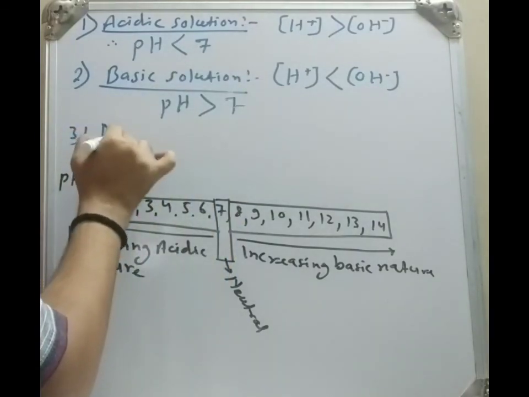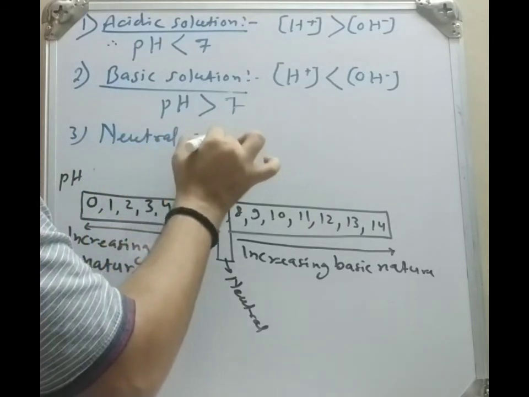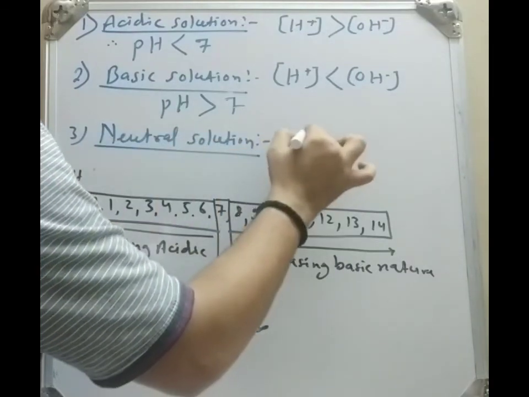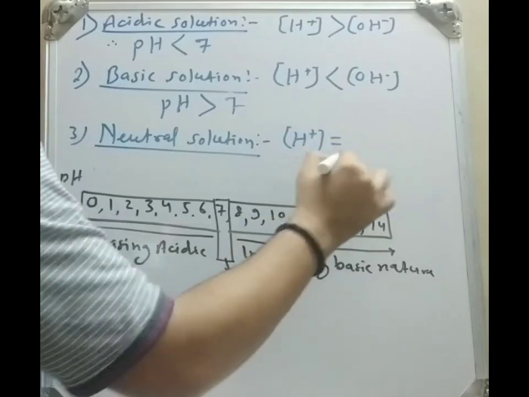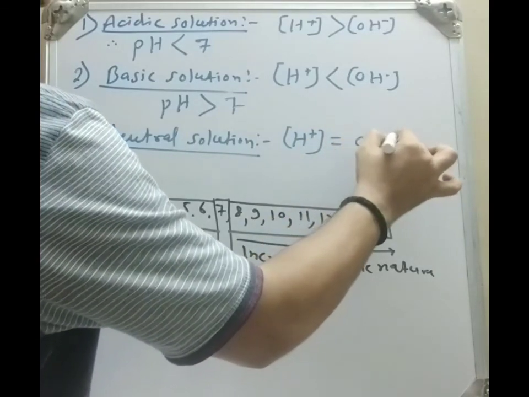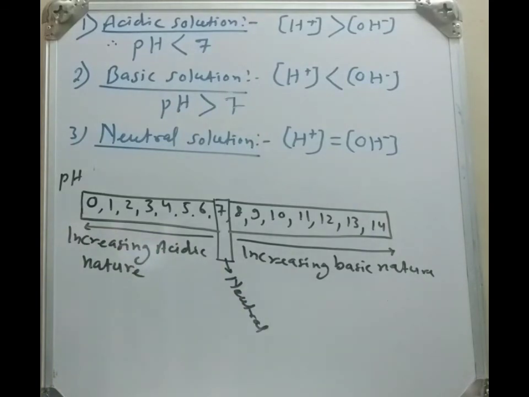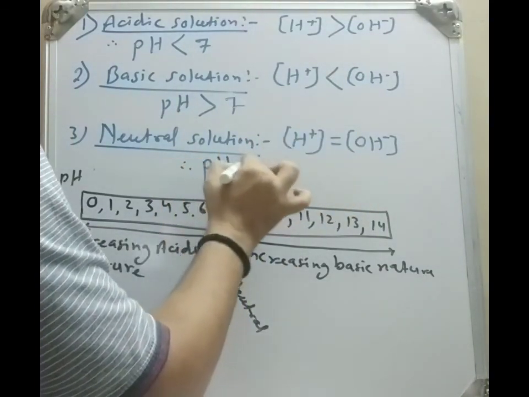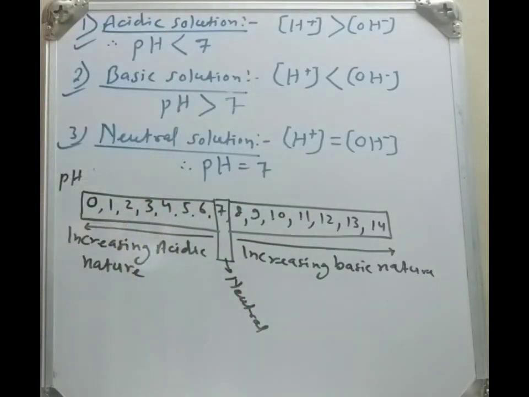Third one, neutral solution. When H plus concentration is equal to OH minus concentration and pH is equal to 7, then it is considered a neutral solution. So here are the three types of solution: acidic, basic and neutral.